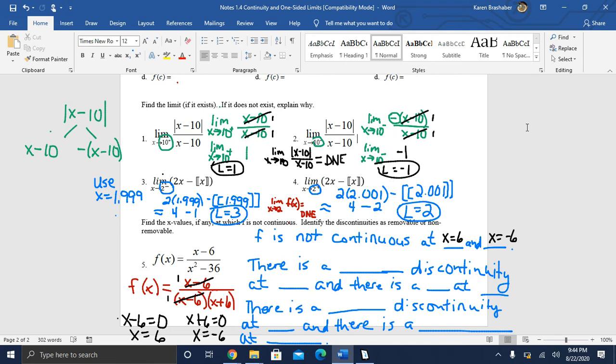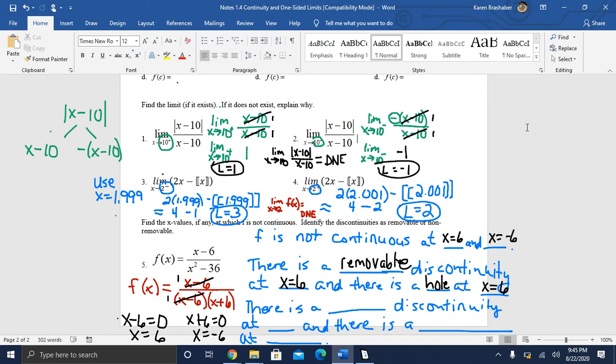The types of discontinuities: I had a removable discontinuity at x equals 6. And then just as a little added bonus, I'm going to talk to you about the graph. There would be a hole in the graph at x equals 6. That's the type of graph you have for a removable discontinuity.